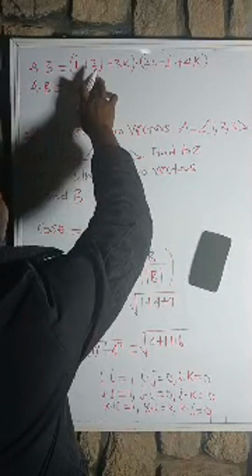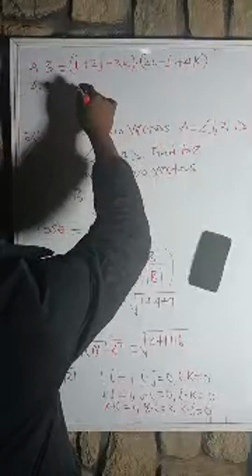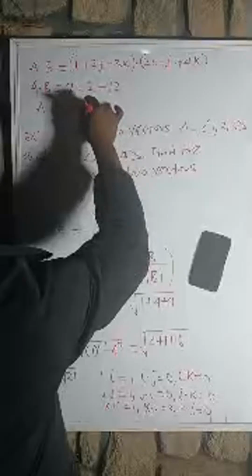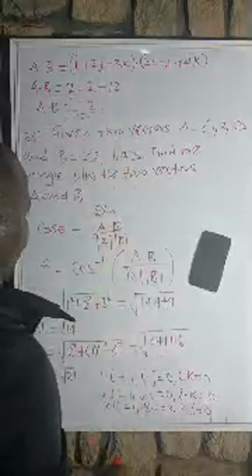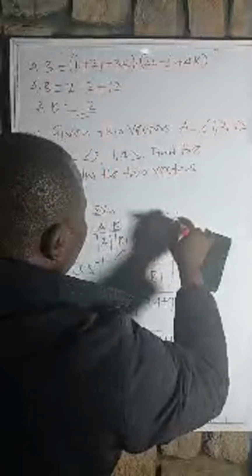Then 2j dot minus j is minus 2. Then 3k dot 4k is plus 12. So you can now see that our A dot B is equal to 12. So it means this will now be equal to 12 all over.